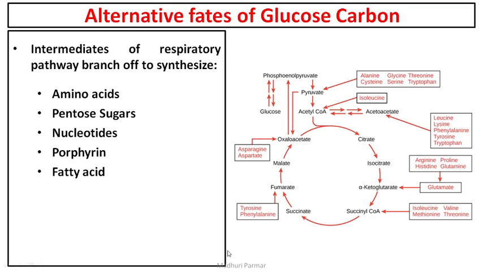Then fatty acids, which we just saw previously, cholesterol, and lignin precursor. Now, this is a very favorite question in some exams: find out which of the following is not a polysaccharide, or which of the following is not a carbohydrate.